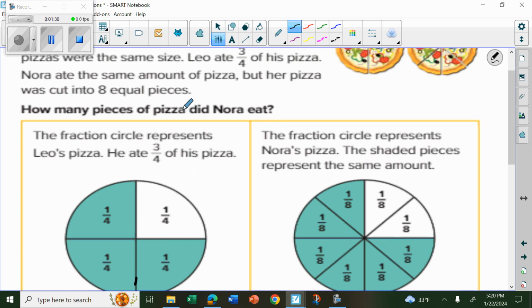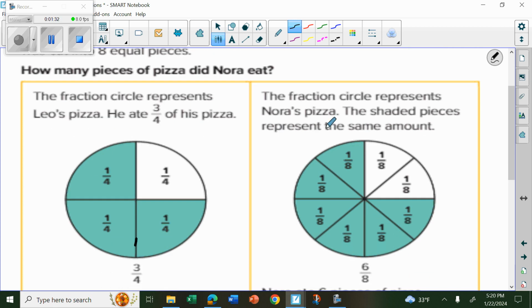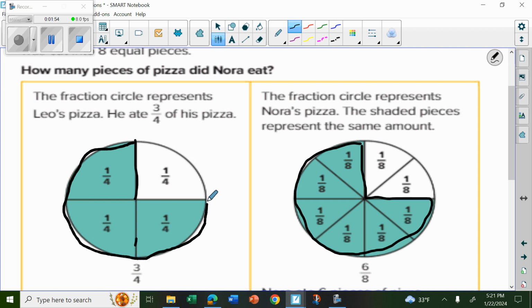How many pieces of pizza did Nora eat if they ate the same amount? So you just shade the same amount of circle that Leo did over here. Now you'll notice it's just cut into more pieces. It's the same amount of circle, it's just cut into more pieces.